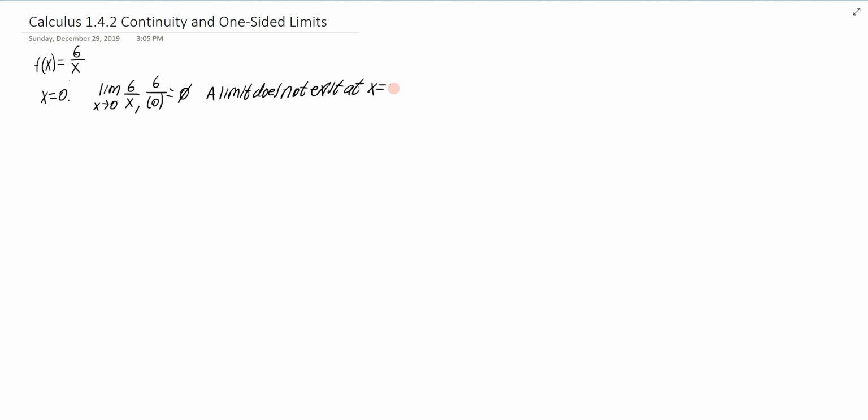So there is a non-removable discontinuity. So that's all I gotta say. So the limit does not exist at x equals 0, so there is a non-removable discontinuity present.